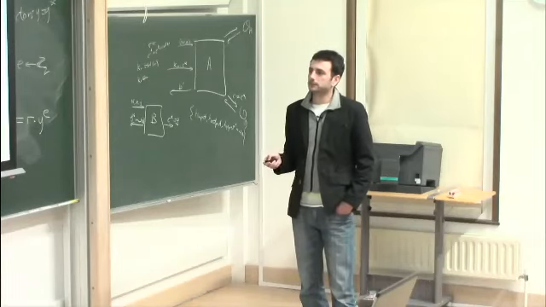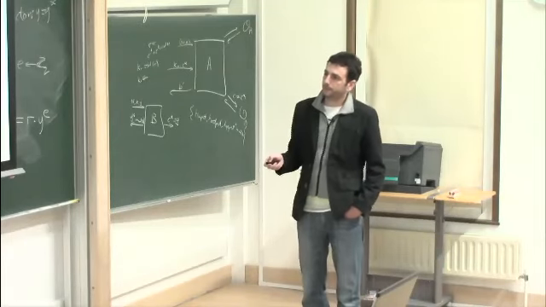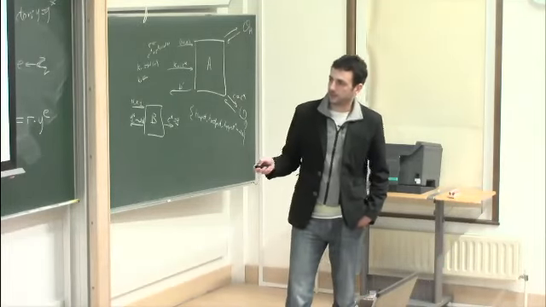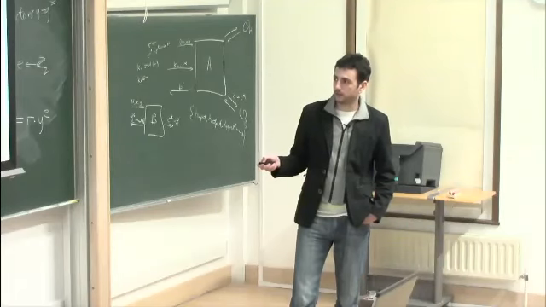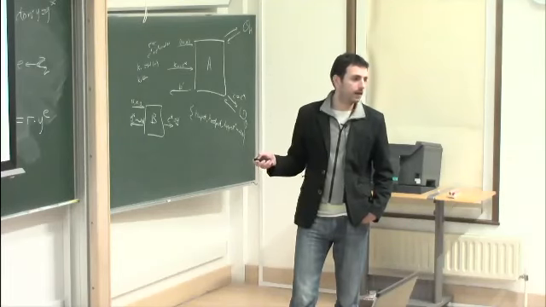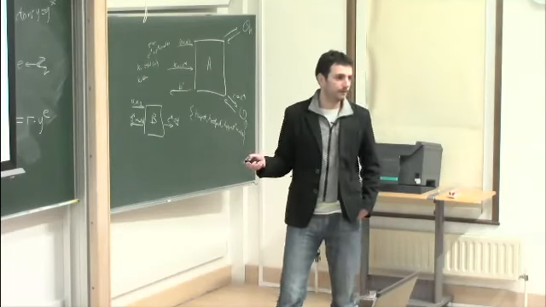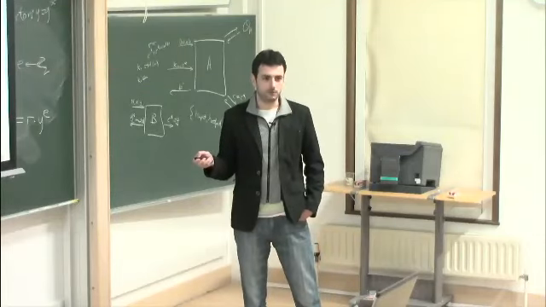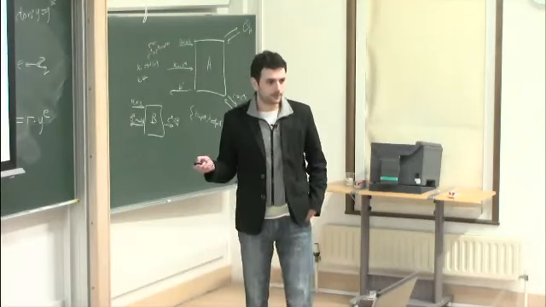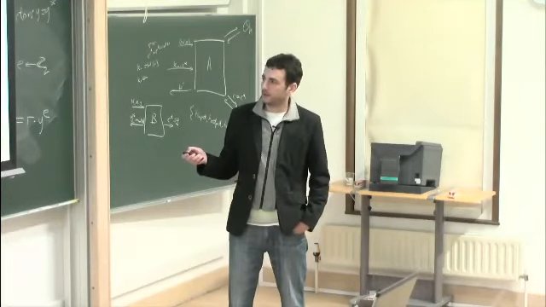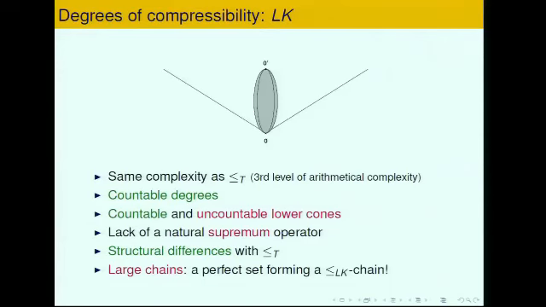And another difference is that there are very large chains. For example, there is a perfect set forming a chain under LK. This is unheard of in the Turing degrees. There is a very basic theorem by Gerald Sacks which says every perfect set contains an antichain of size the continuum of Turing degrees. Okay.